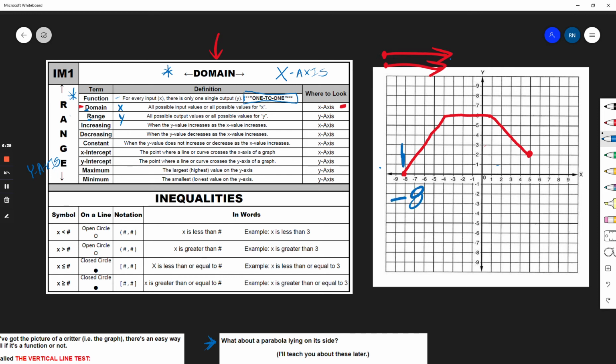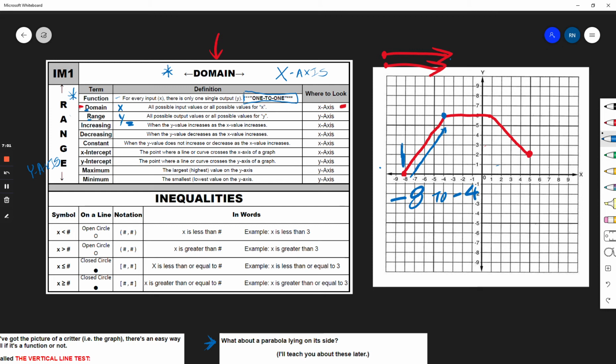And do you see how we're going up? How if you're climbing a hill, you're going up? Where do we stop going up? Right here. So where are we increasing? From -8 to -4. And look, increasing is when the y value increases as the x value increases.